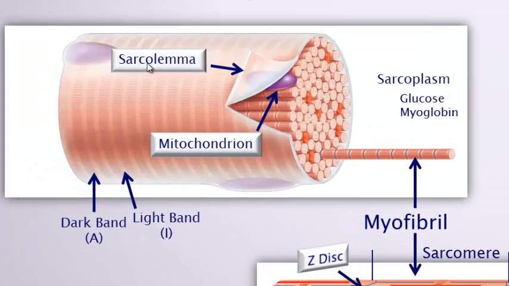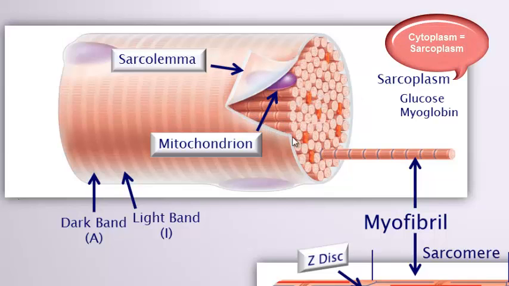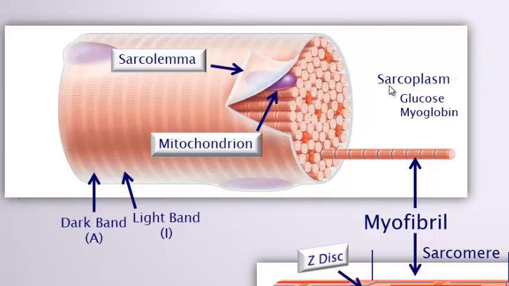Now inside of this plasma membrane is going to be the cytoplasm. Cytoplasm is specialized for muscles too, so we call it the sarcoplasm. The vast majority of the cytoplasmic space is going to be filled by these little structures here that look like straws, but they're called myofibrils. We'll look a little deeper at what a myofibril is down here in just a moment.